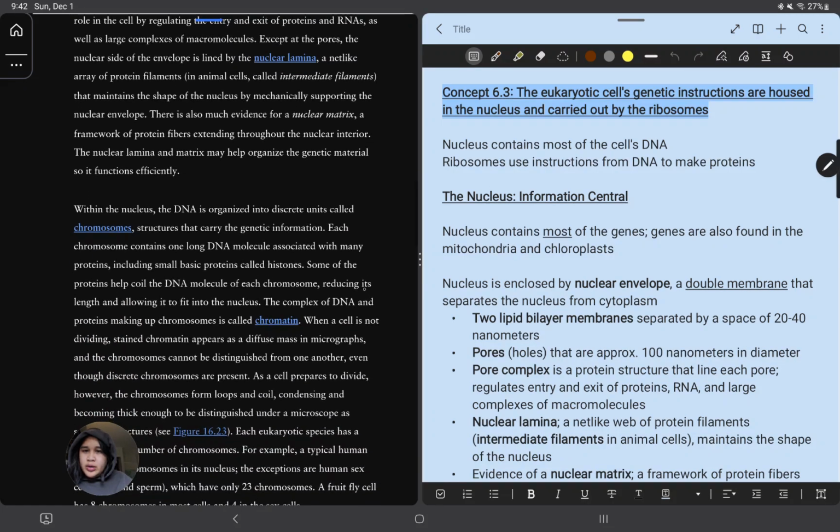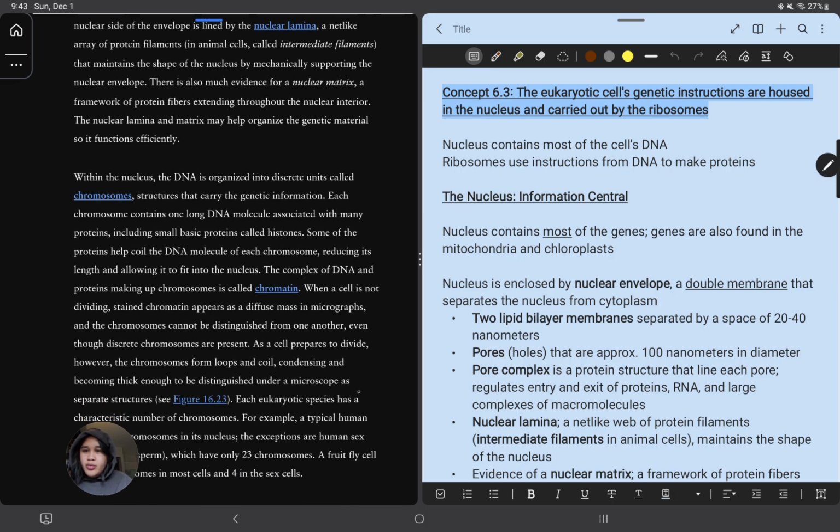Except at the pores, the nuclear side of the envelope is lined by a nuclear lamina, a net-like array of protein filaments. In animal cells, these are called intermediate filaments. Remember in the last video, plant cells don't have intermediate filaments.